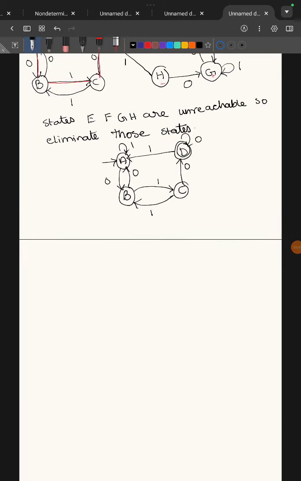Now we have to find the zero equivalent states. How will we find that? We separate the final states and non-final states into two different groups. The non-final states are A, B, C, and the final state is only one state, that is D. We can distinguish by the diagram itself: if it has a double circle, it is a final state; single circles are non-final states.